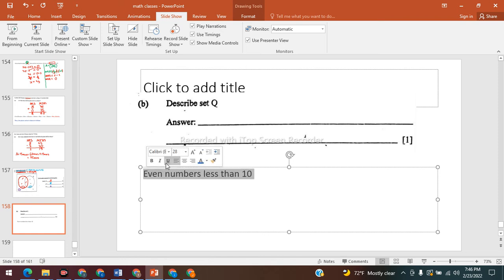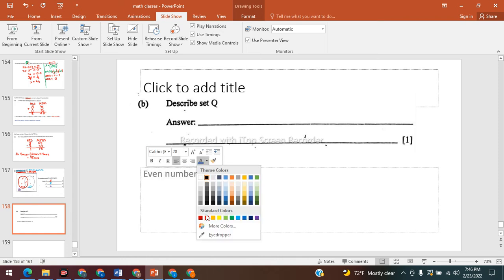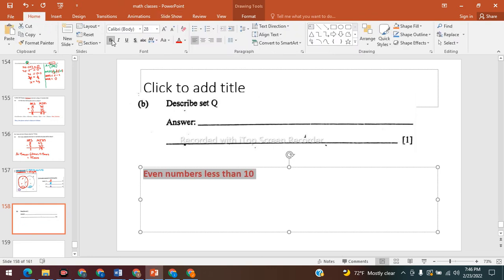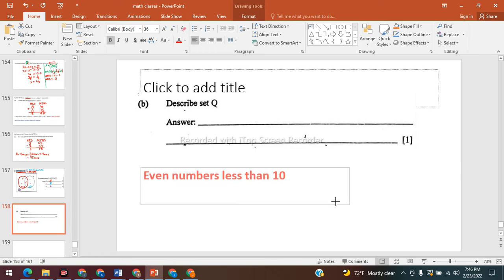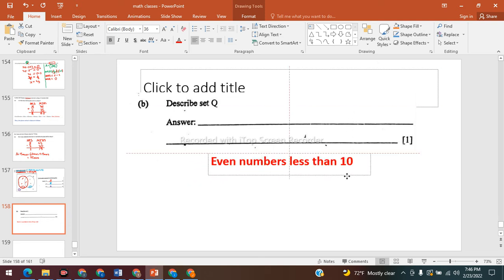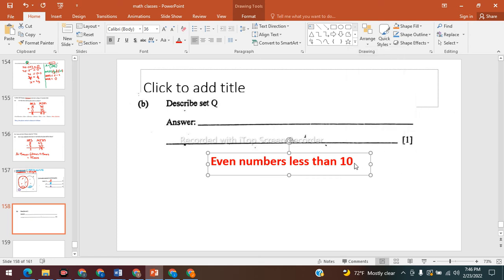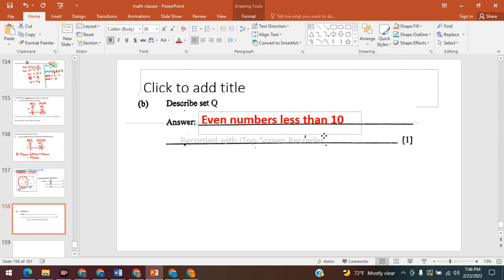So that's what Q is. Even numbers less than 10.